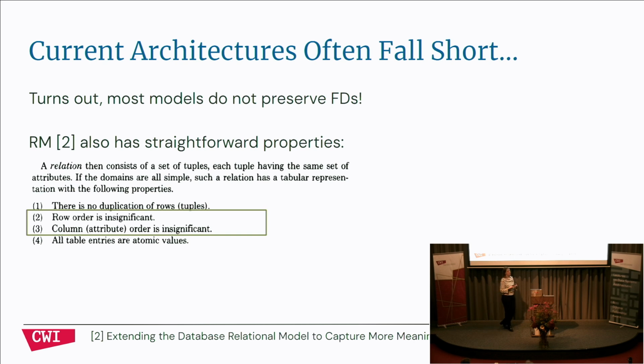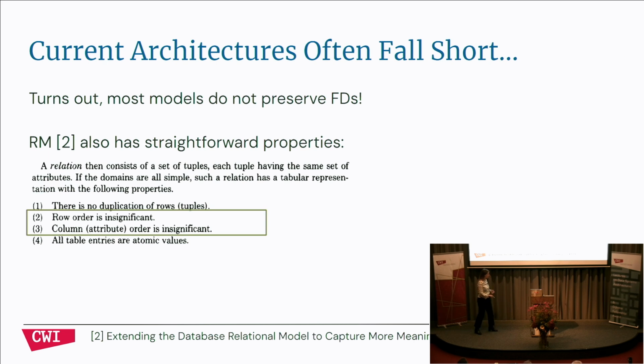But maybe a straightforward property that is quite important is the insignificance of the order of rows in tables, as well as the order of columns in tables, relational tables, I should say.